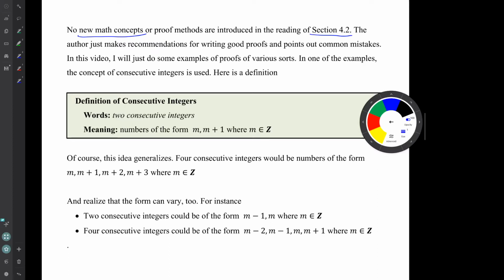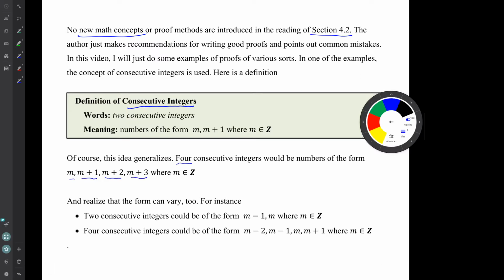There is one new math concept that comes up in some of the exercises and that I will consider in an example in this video, and that's the idea of consecutive integers. So here's the definition. The words two consecutive integers mean two numbers of the form m and m plus 1, where m is an integer. And that idea generalizes. So for instance, 4 consecutive integers could be numbers of the form m, m plus 1, m plus 2, and m plus 3.